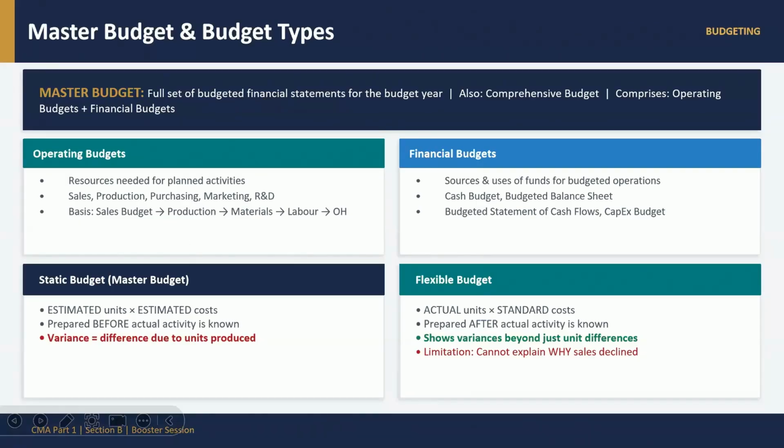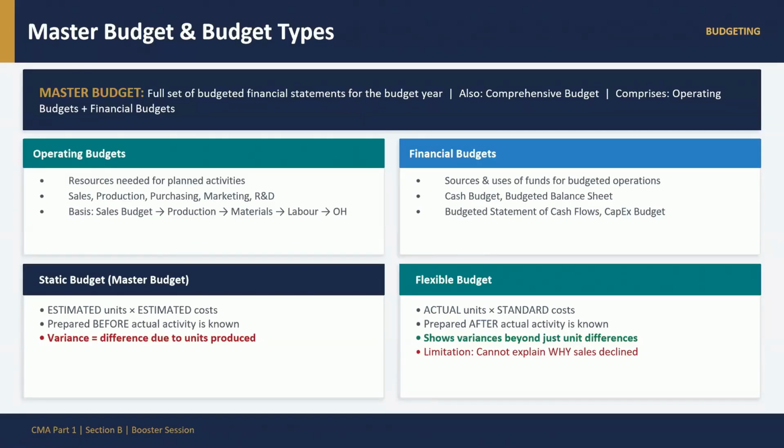So what is this master budget? Master budget is nothing but all the budgets that we prepare, starting from sales till cash budget. All the budgets combined together and put in one place is your master budget. Okay. Master budget is a complete financial plan for your coming year.